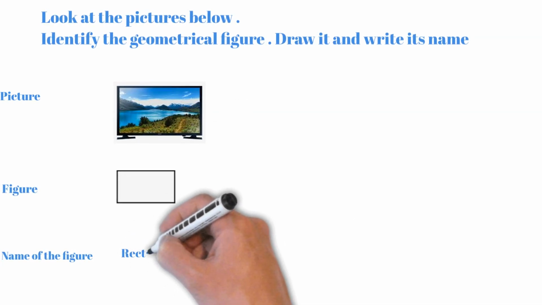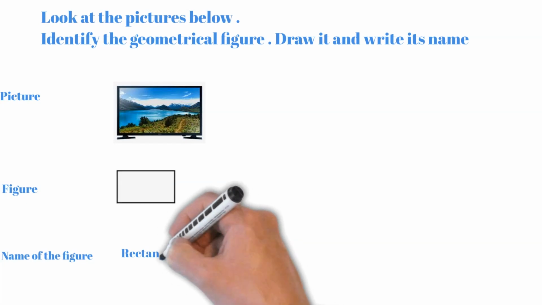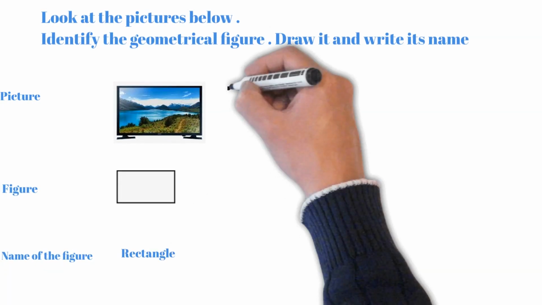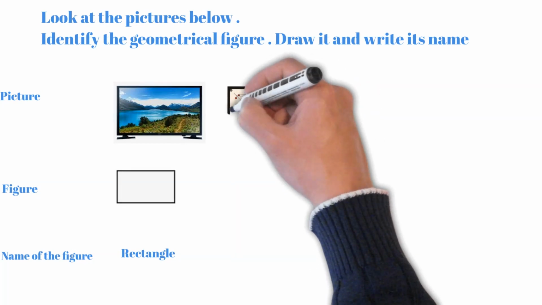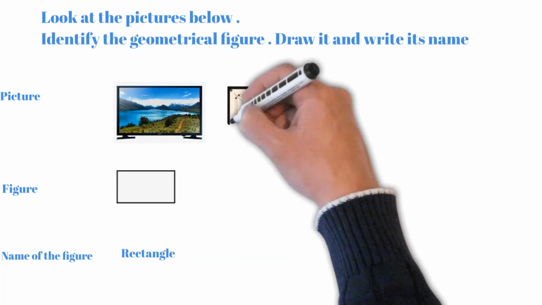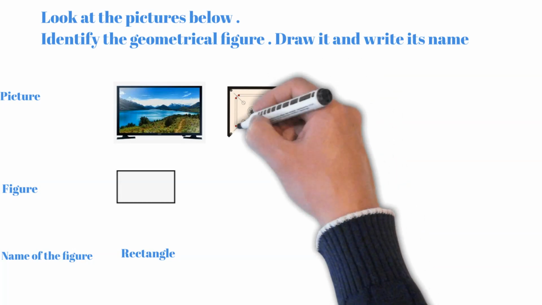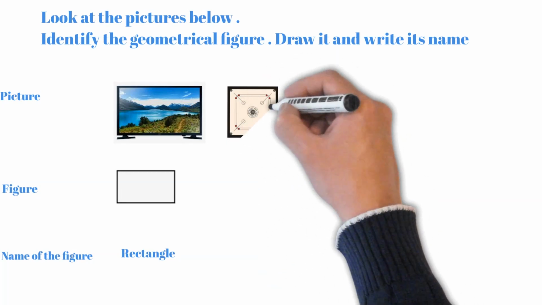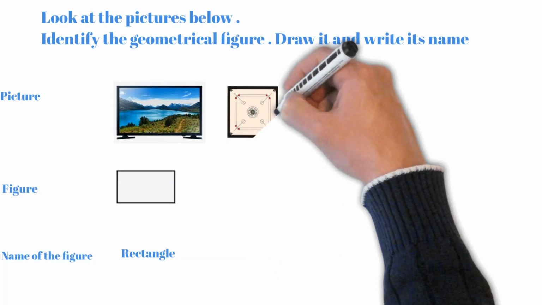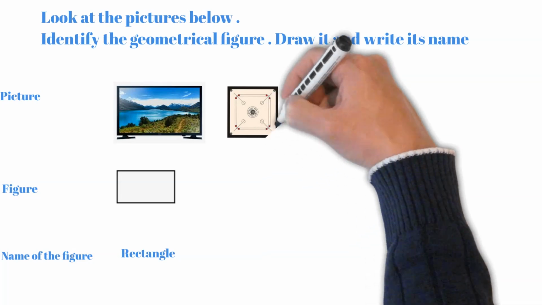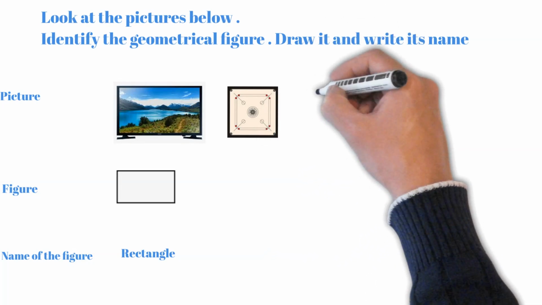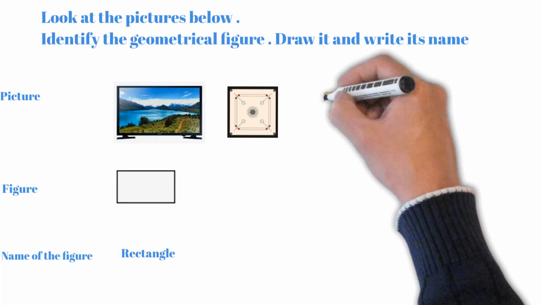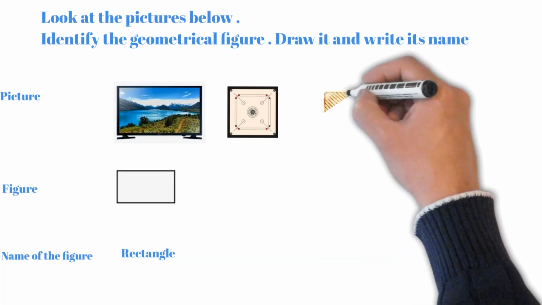This is what we have to do. This is the exercise. You'll see the pictures slowly popping up on the screen, and immediately you have to draw the figure and write the name of the figure. So this is a carom board. What kind of figure is this? You should know. Let's see what he's drawing next. It's sandwiches.